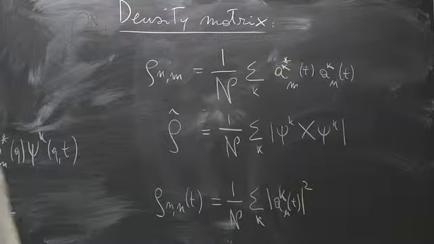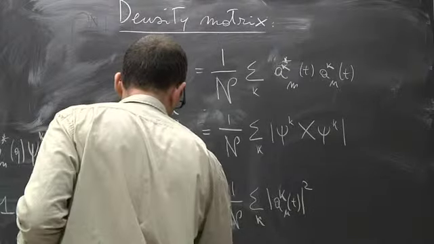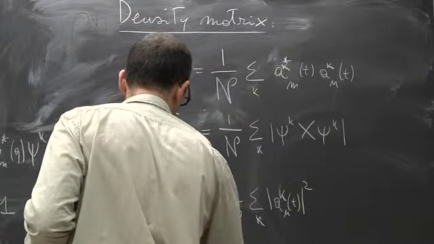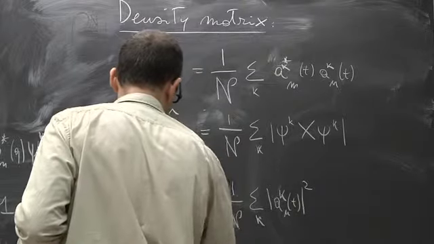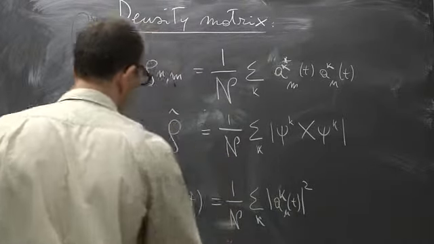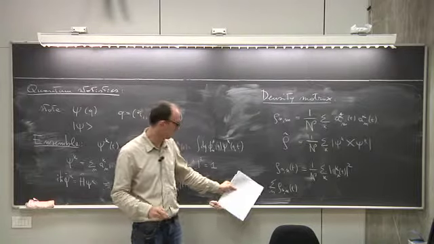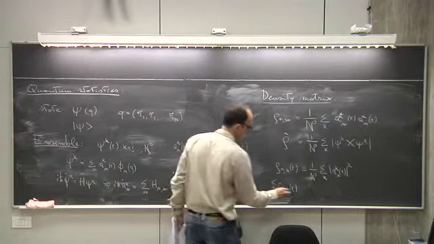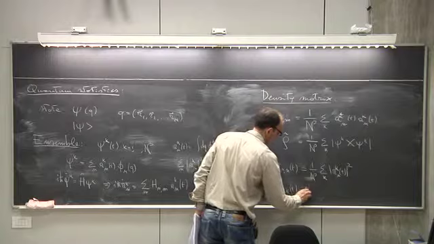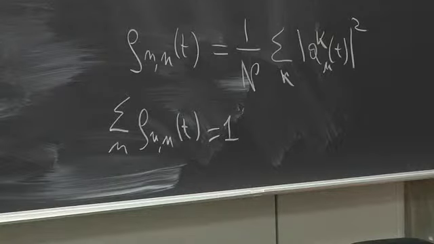Then you can see that if you sum rho n over all the states, the probability to find the system in state n, this is equal to 1. So it's normalized. The diagonal elements are normalized to 1.